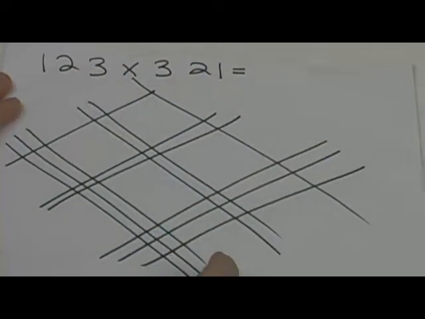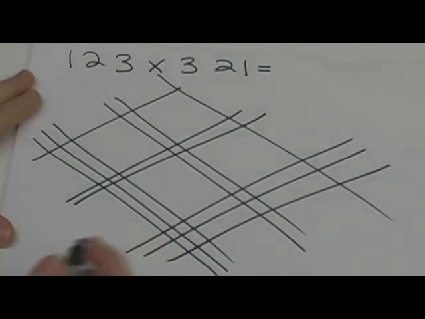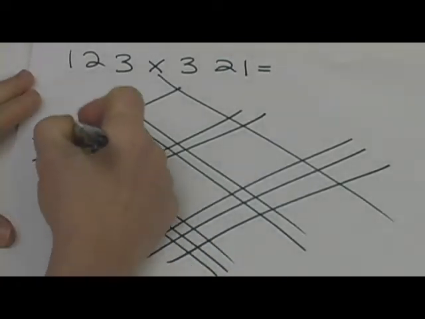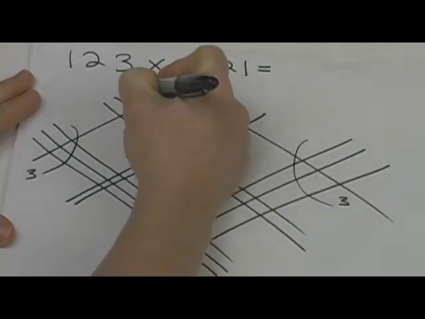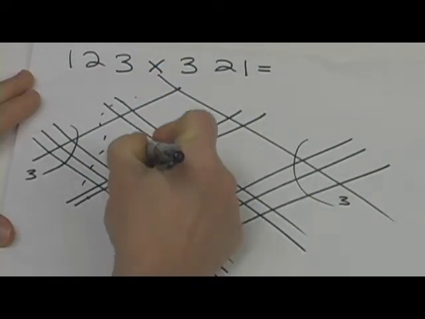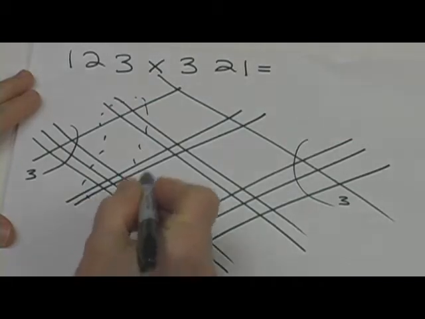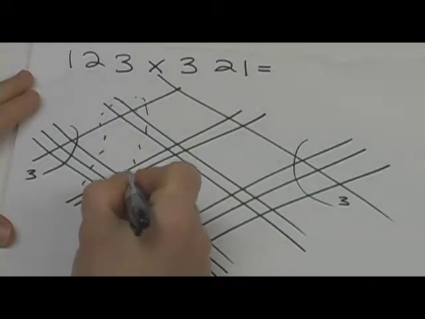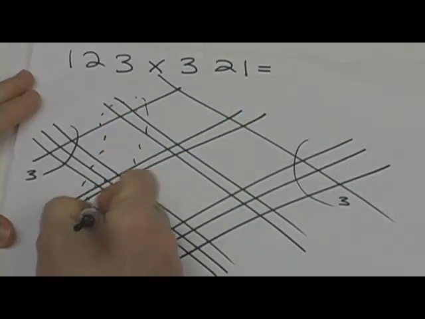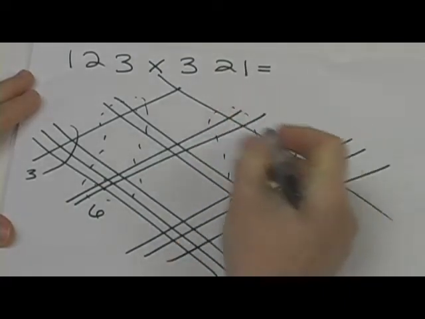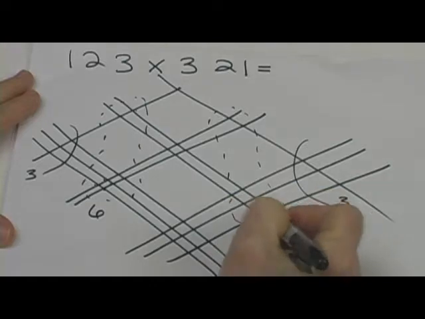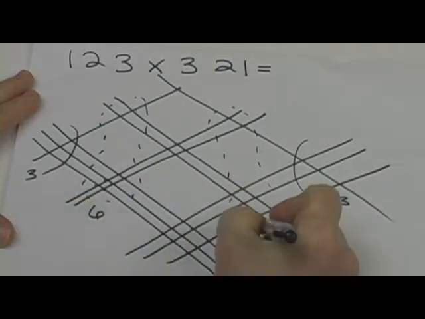All right. Let's count up our intersections. I've got a 3 over here. I've got a 3 over there. Now we're going to add up the intersections in this dashed line. So I've got 2 plus 1, 2, 3, 4, 5, 6. And I'm going to do the same over here. 2 plus 1, 2, 3, 4, 5, 6. So that's 8.